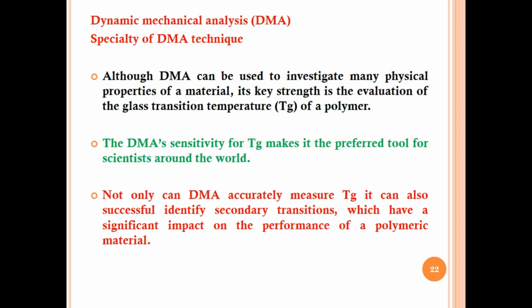The DMA sensitivity for the Tg makes it a preferred tool for scientists around the world. Not only can DMA accurately measure Tg, it can also successfully identify secondary transitions which have a significant impact on the performance of the polymeric material.